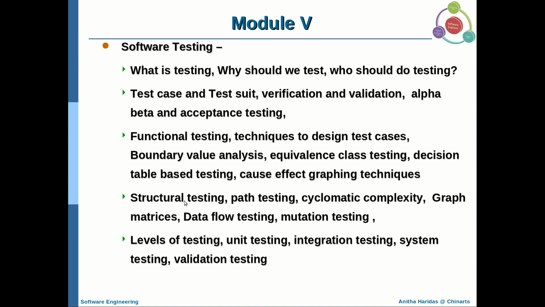And we are currently discussing white box testing, which is also known as structural testing, in which the previous video was talking about path testing. And in this video, we are going to talk about cyclomatic complexity.